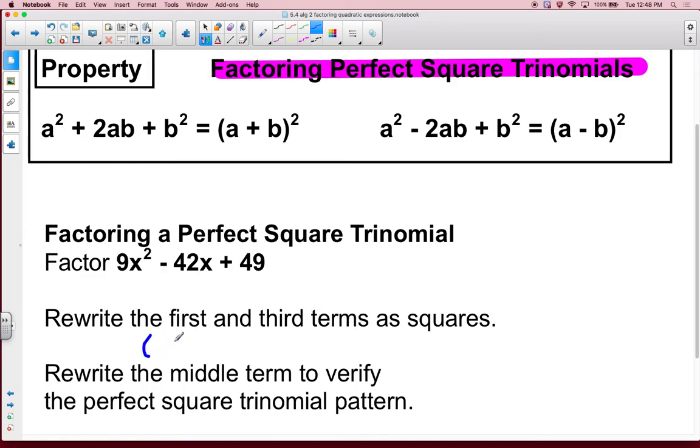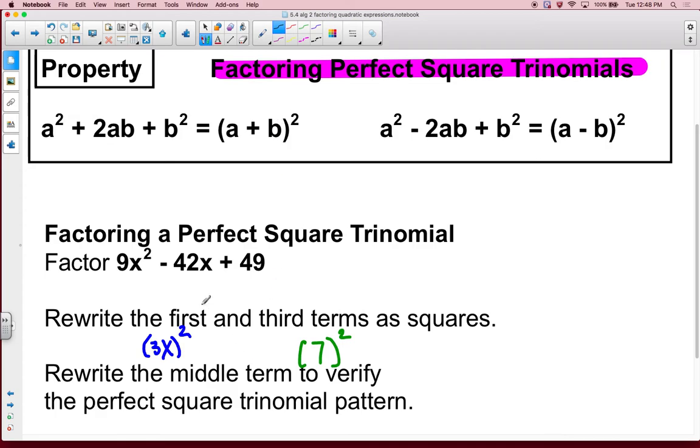So I want it to be something squared, and I want the last one to be something squared. So this one is a 7, because 7 squared is 49. And this one, if I take the square root of 9x squared, I'll get a 3x.